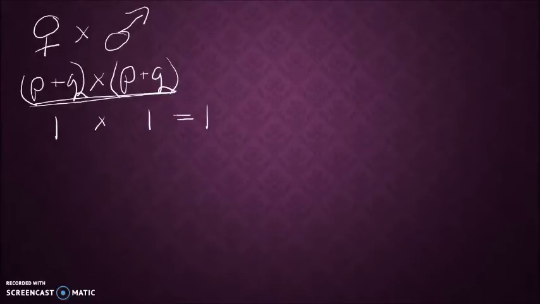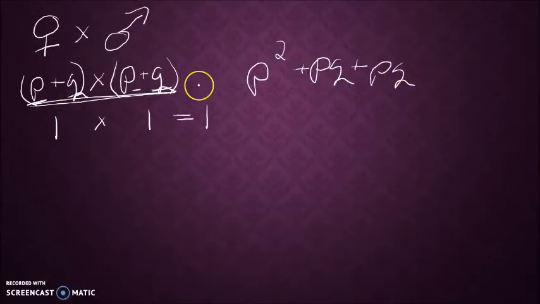You might remember it from algebra. We take p times p, and that's going to be p squared. Then p times q, and since we've got a plus symbol here, plus pq. Then q times p, keeping the same order, plus pq again. And then q times q, which gives us q squared.